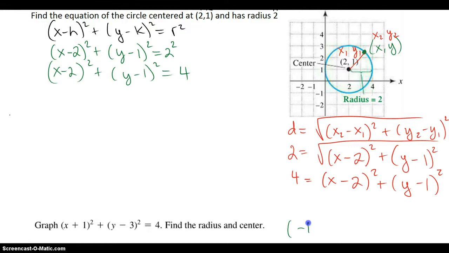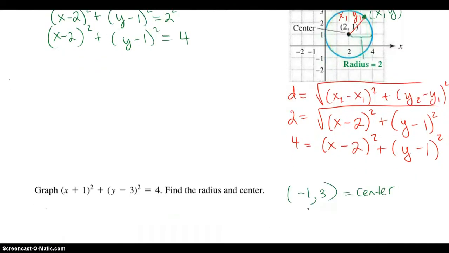So it would be -1, and then the 3, well, we wouldn't have to change it there because we already have a -3, so it would just be 3. So it would be the opposite sign of both. It would be the center, that's the h and the k. And the radius, well, it's r squared here, so 2 squared makes the 4. So the radius, we know, is 2, because 2 squared is 4, or you can say the square root of 4.